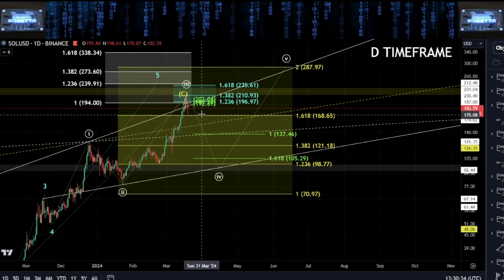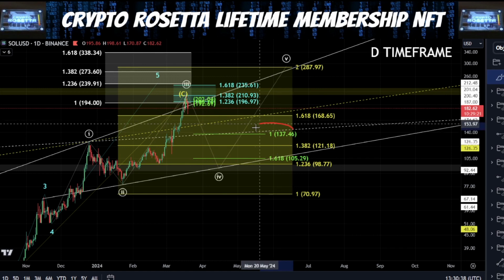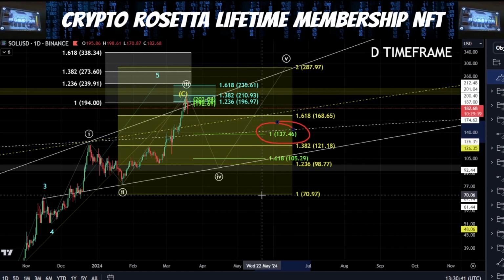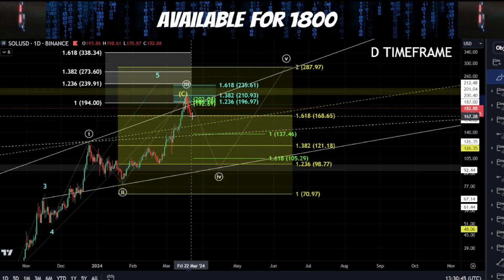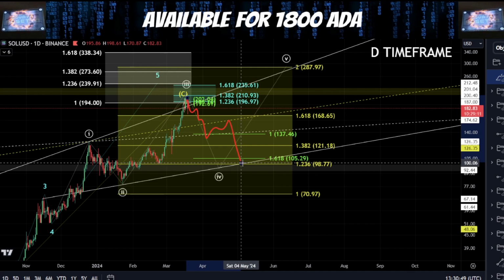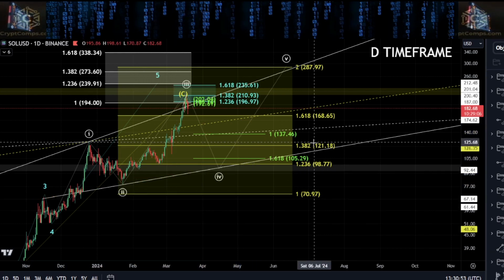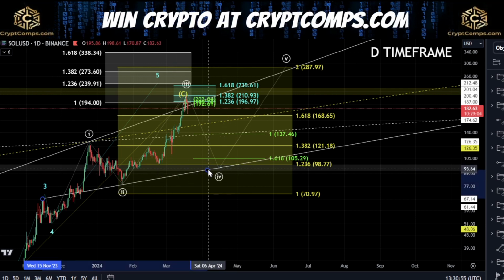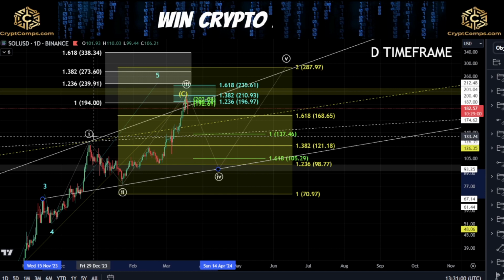With this idea, what we'd be looking for is basically 3 waves to the downside. We'd have to cross this 137 for this to start becoming a valid count. We need to start to see a 5-wave move down here, 3 waves up, and then another 5-wave move to the downside, looking possibly for this trend line over here. This may move around a little bit. We could argue it's something like this, but it would have to be expanding.